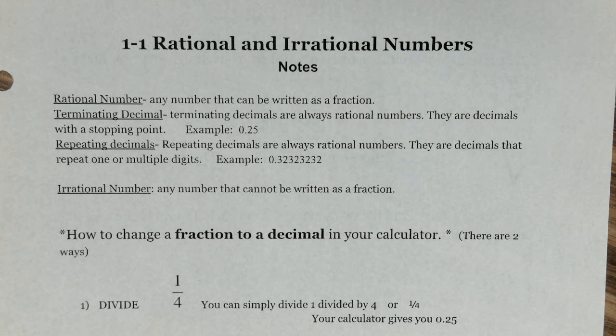Okay? Now, this is new vocabulary that you did not learn in 7th grade, and it's called irrational. We're going to learn more of that next week. But an irrational number is a number that cannot be written as a fraction. So that's the only new word that you're learning today, and we're not even going to use them today. Just wanted to introduce them to y'all.